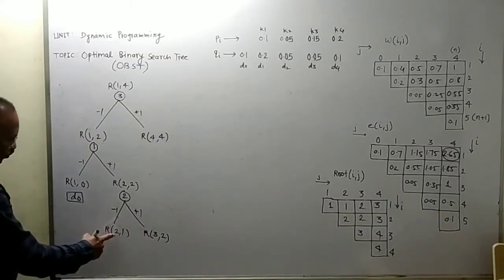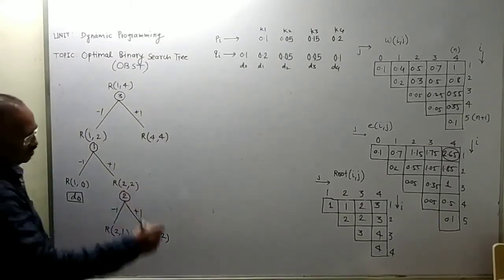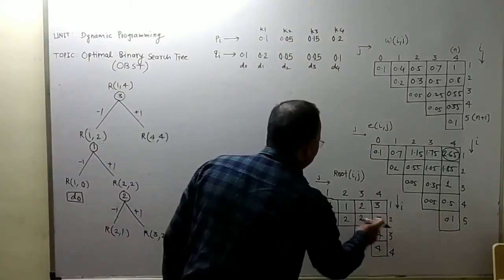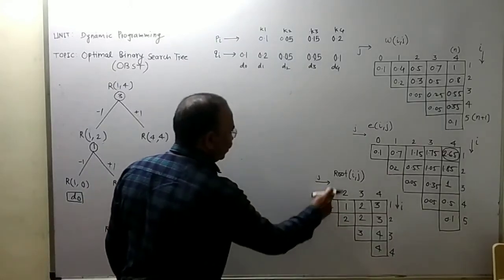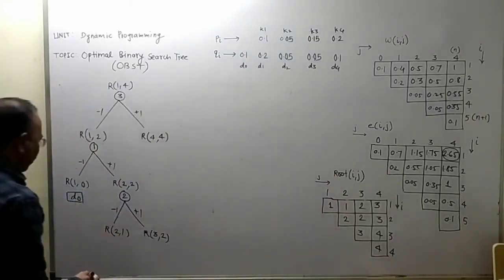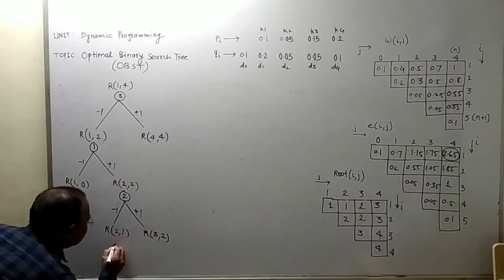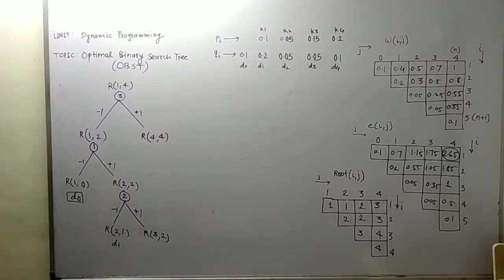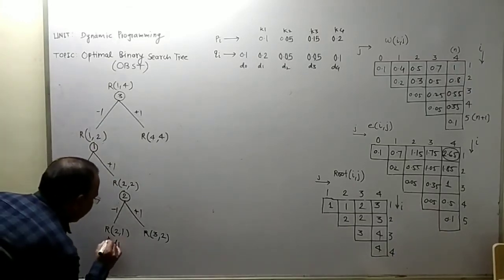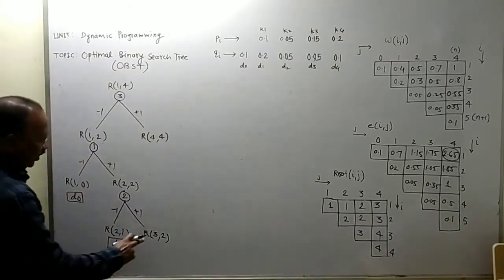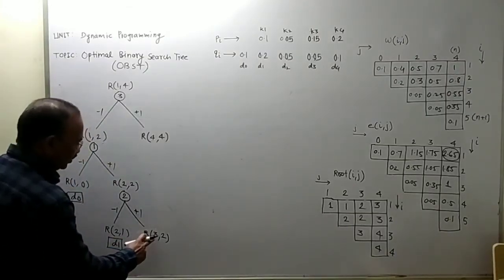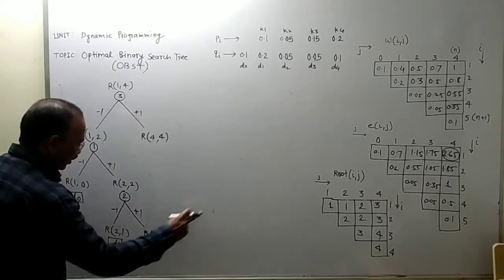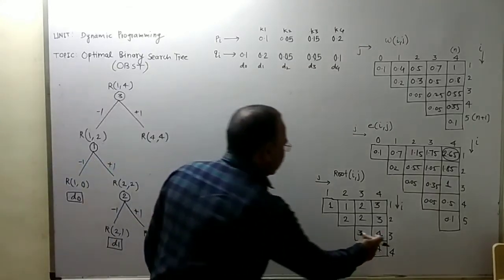Now which value is at the 2 1 cell? See here, 2 1. There is no such cell in the root table. So that's why we have to stop here with D, j is 1, D1. Now let us see which value is at the 3 2 position in the root table. 3 2.